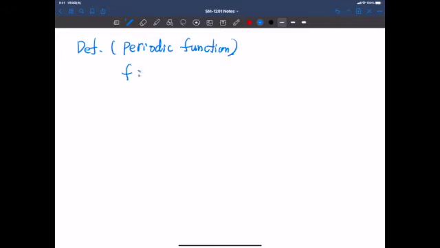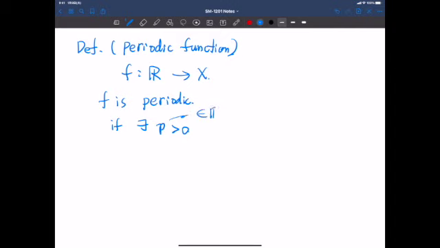Okay, so let's say f is a function from R to X. X is a set. It can be any set. Okay, we say f is periodic if there is some positive real number, so we're assuming this p is real, such that f of x plus p is equal to f of x.